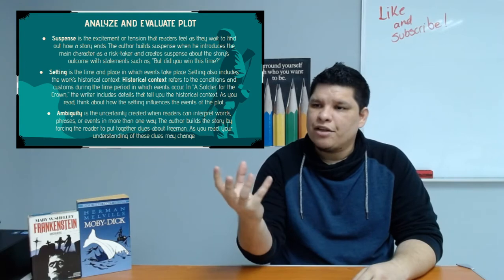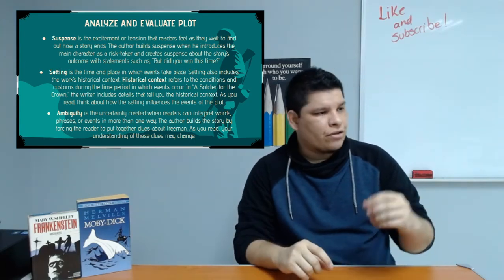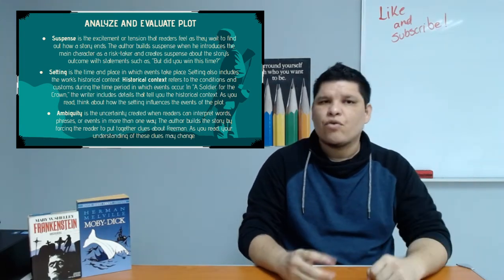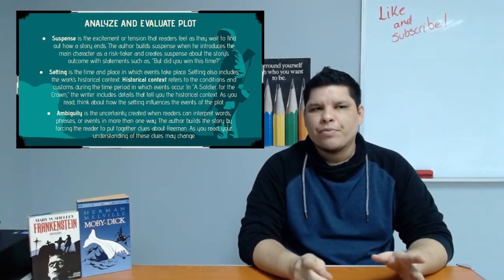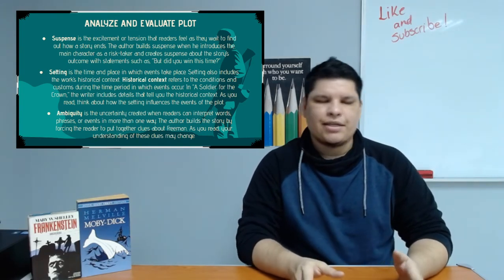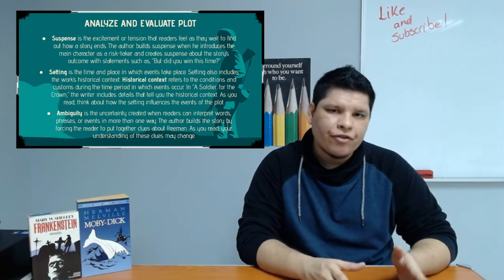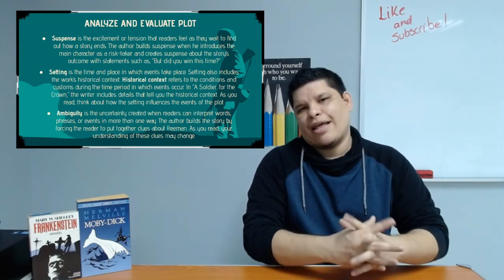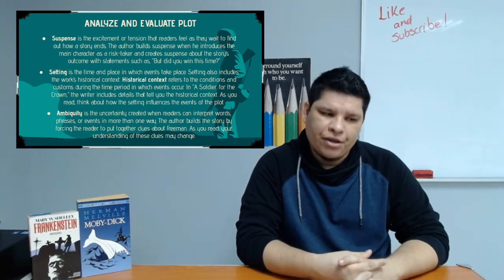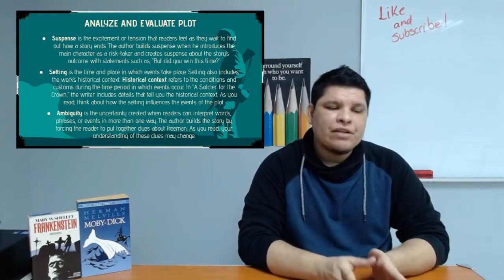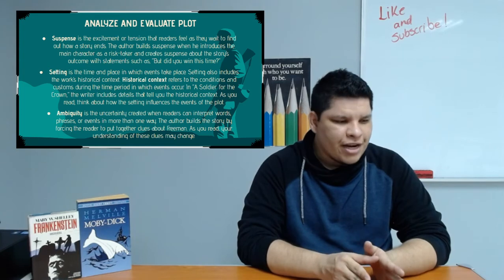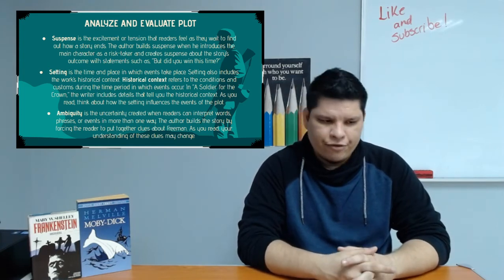Well, this can be interpreted in this sense. It can also be interpreted in this sense or in that sense. So when a phrase or a piece of text can be interpreted in different forms, we can say that is ambiguity. The author builds the story by forcing the reader to put together clues about Freeman.